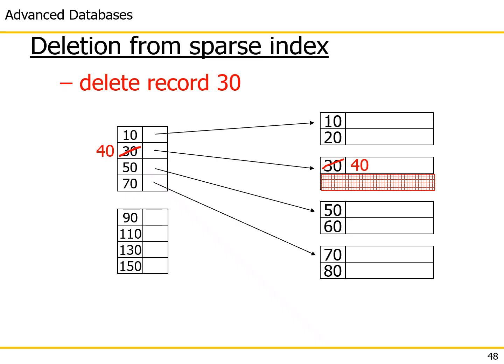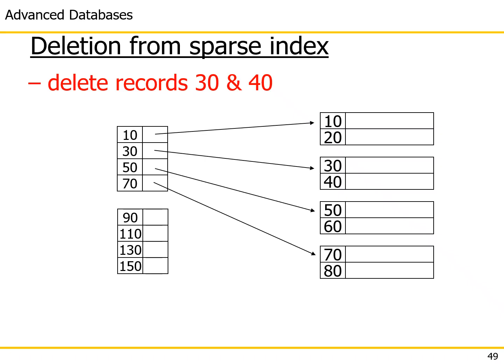And since there will only be 40 in that page, we will have to update our index with 40. So consequently here, we will load 2 pages, one for the index and one for the table, and we will modify both of them, writing them both to disk afterwards. So we did 2 page reads and 2 page writes here.